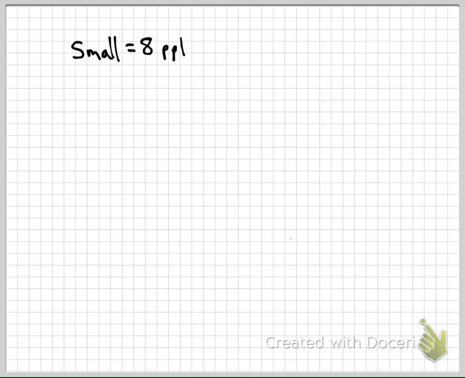And then it also says that a large van can hold up to 12 people. So we got large over here, and that holds up to 12 people. Okay? And then it says that your class could fill 15 small vans and 2 large vans.